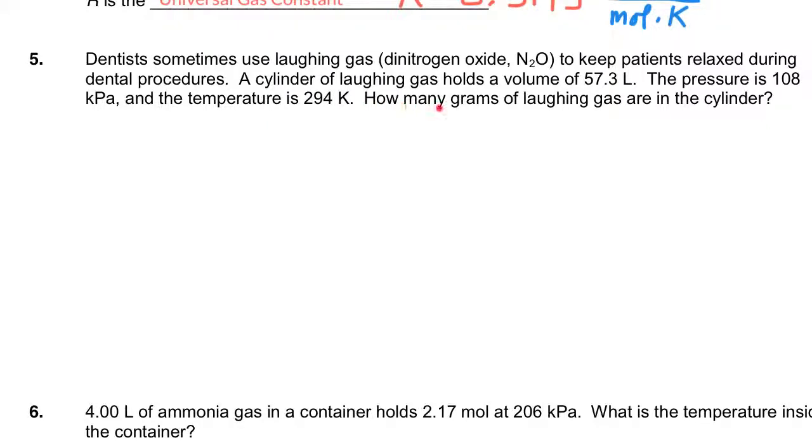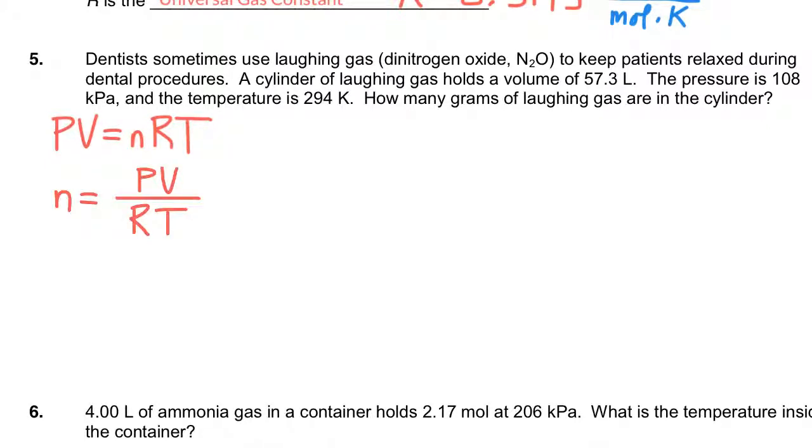Now we are asked how many grams of laughing gas are in the cylinder. I'll start with my ideal gas law. And the question is asking me how many grams are there? Well, I don't have a mass in grams in this formula, but I do have number of moles. And I also have a way of changing moles into a mass. So I'm going to start by solving for number of moles.